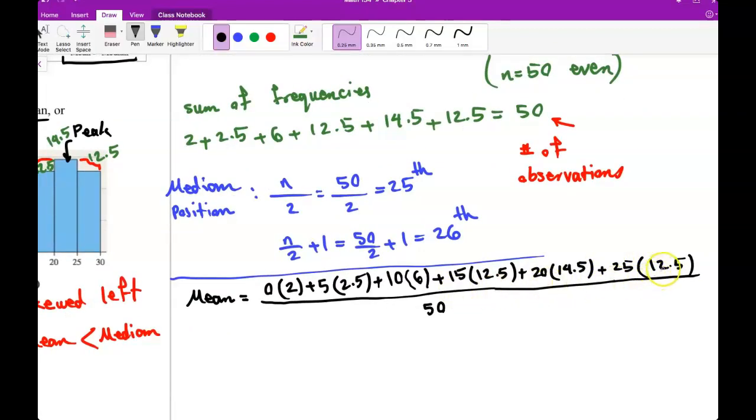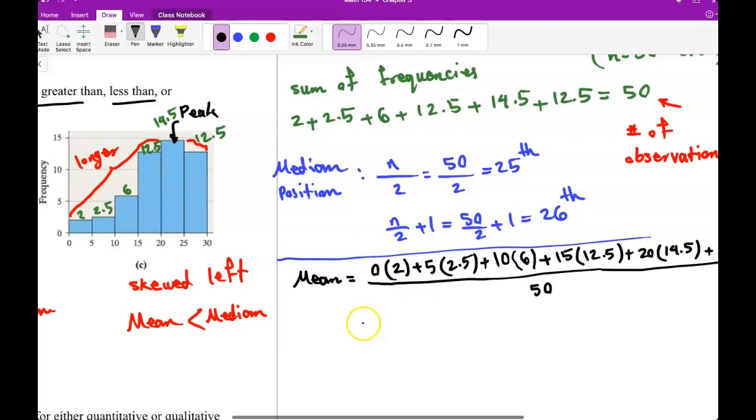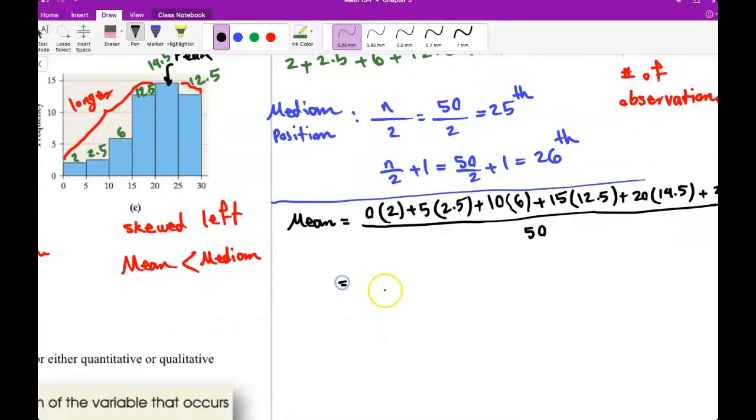And that's it. So we used all these frequencies. Multiply and add. So this is 0.